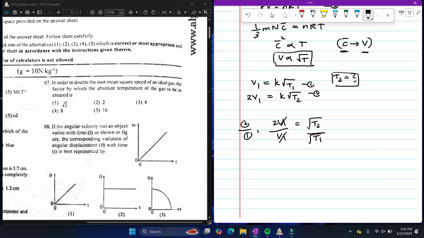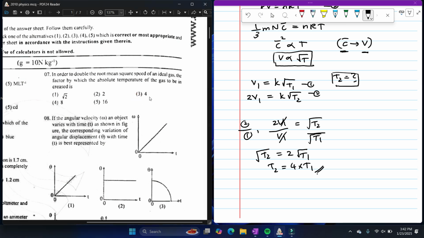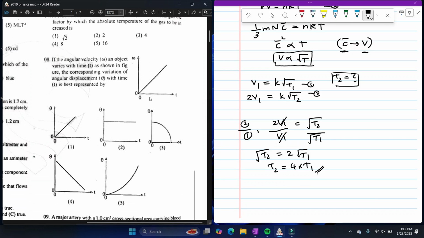V1 to V1 cancels off. So T2 subjected, you get 2 T1, that is T2 equals 4 into T1. So 4 times is the factor by which the absolute temperature of the gas is increased. So answer is 3.